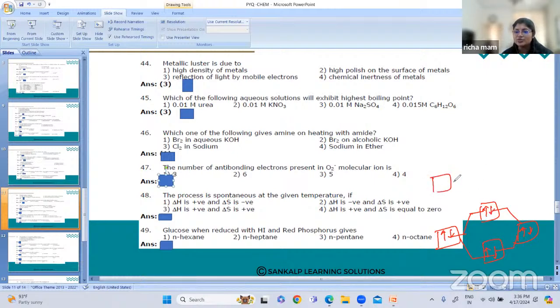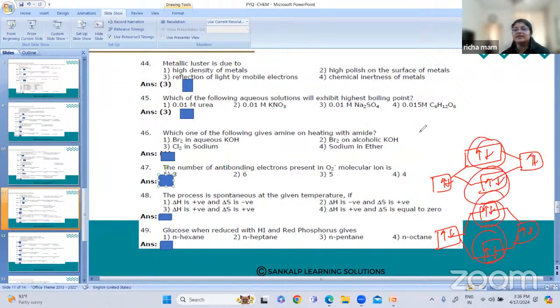Next is 2s2, 2 electrons, 2 electrons, so 8. Then 2p has 4 electrons, and another oxygen, 4 electrons.